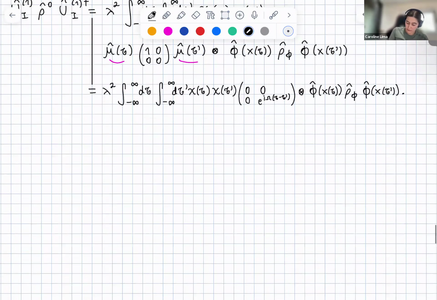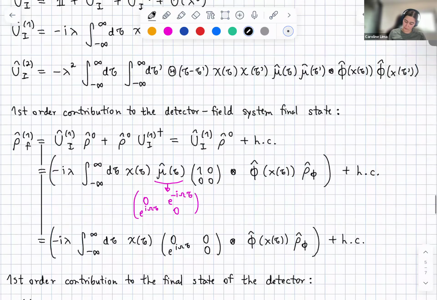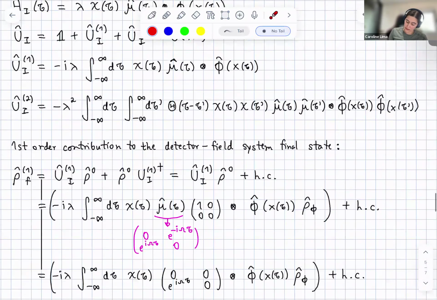Okay. Now, what is the other contribution? The other one is going to be U2, the second order term for U acting on rho 0. Now, let's see what it was. This was some expression like this, right? So I'll have the integral over both full spaces, but I have the Heaviside.